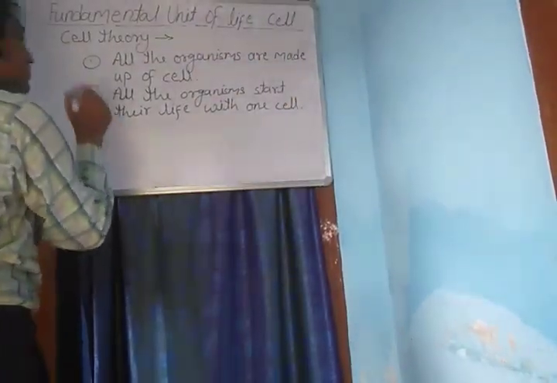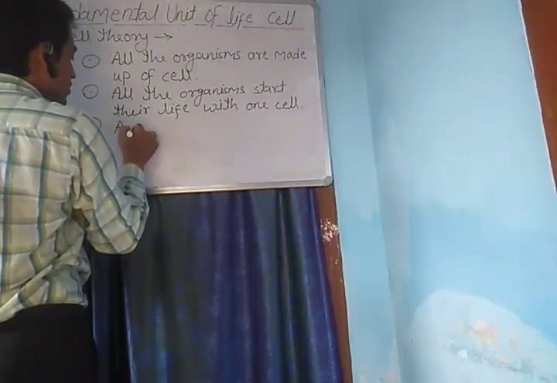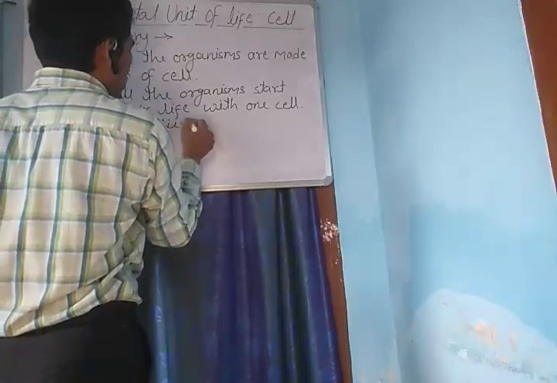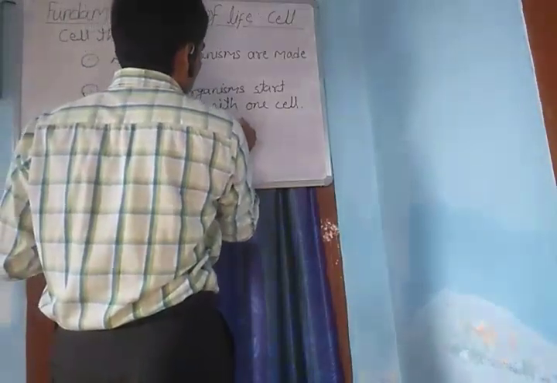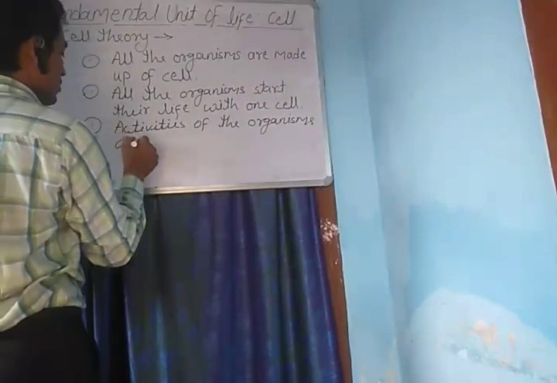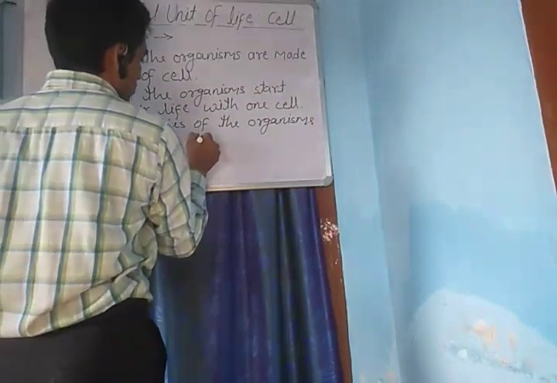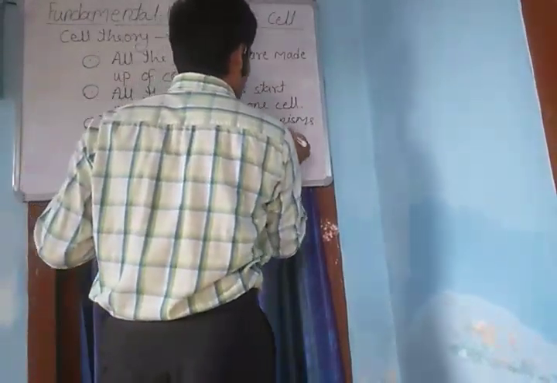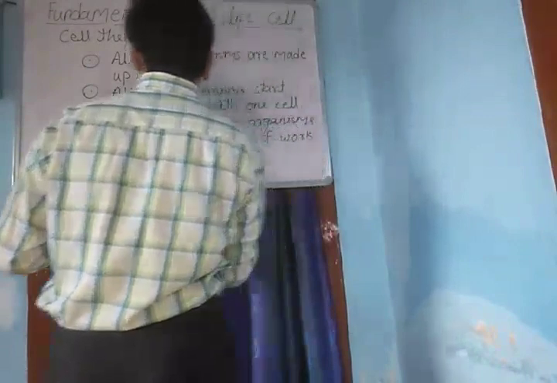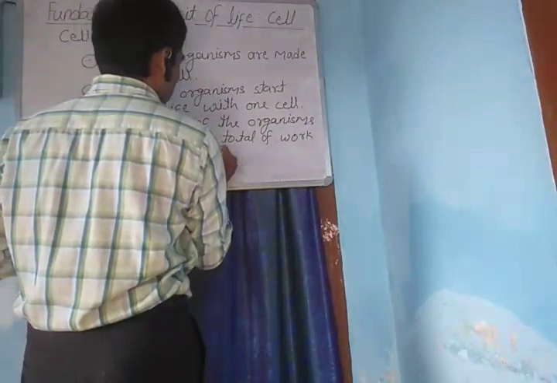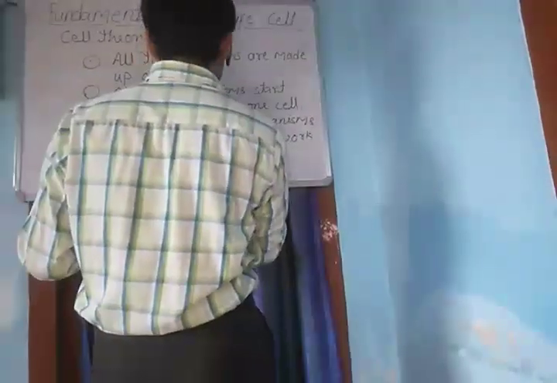The next one, activities of the organism are the sum total of the work performed by the cells.